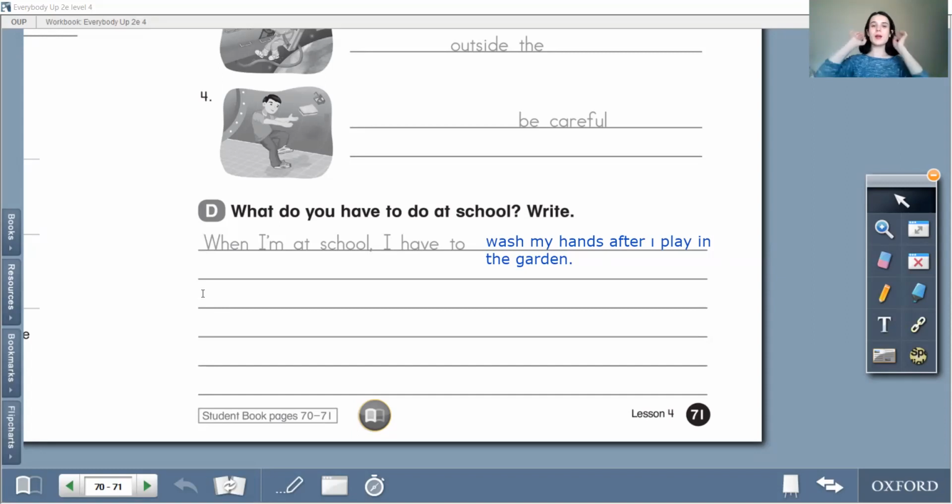Or I have to be silent, right? I have to be silent along the class. I'm not answering. Or I have to raise my hand along the class, right? When I'm talking with my teacher, for example. Write these kinds of sentences.